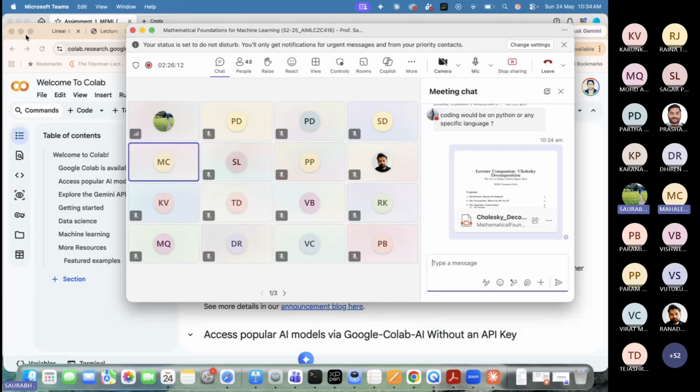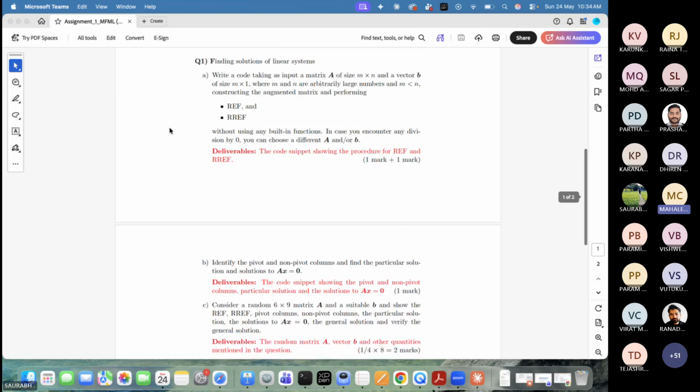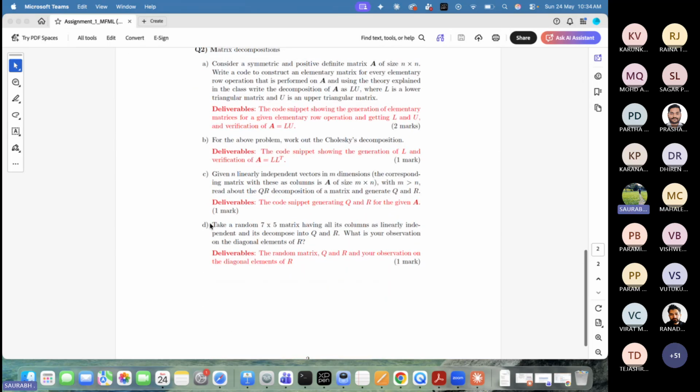So questions A, B, C will be coded and D will be the execution for those. Right. D is the execution of part C in question number 2, because C and D are QR decomposition questions. And whatever you take as M cross N in part C is what you will be using in part D. Okay, got it.